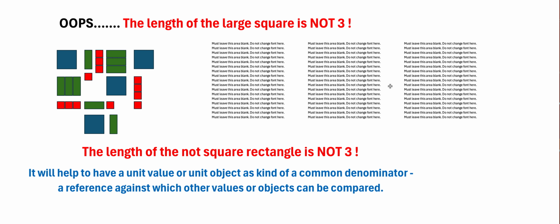Oops, the length of the large rectangle there is not 3. When I show this to a lot of students, they think from here to here is 1, from here to here is 1, from here to here is 1, and then they think, oh, that's 3. We'll see why in a minute.